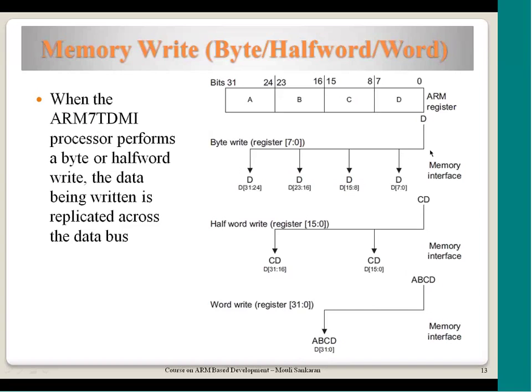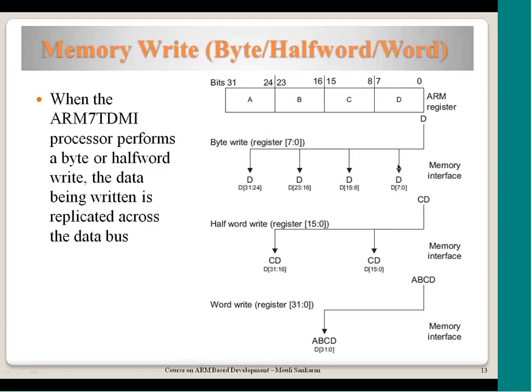But if it is doing a byte write, that is, the processor is trying to write one byte, that particular byte from the register is copied into all four bytes of the data bus and written.